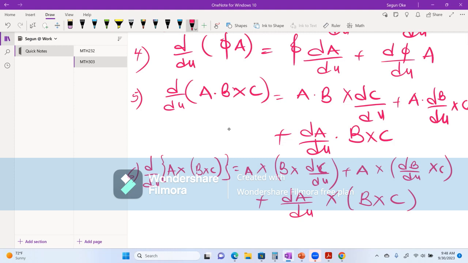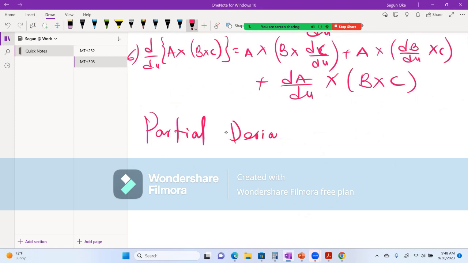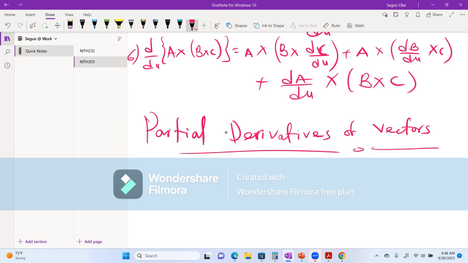And by the time we are applying the solving questions, you will appreciate it more. Let's look at the partial derivative. Partial derivative of vectors. So how do we solve this one?